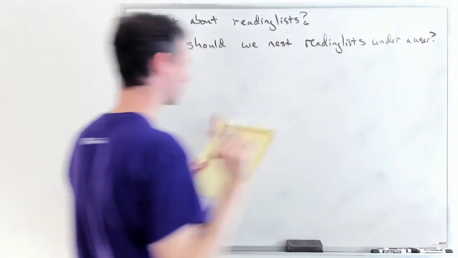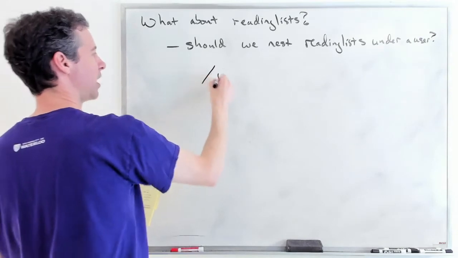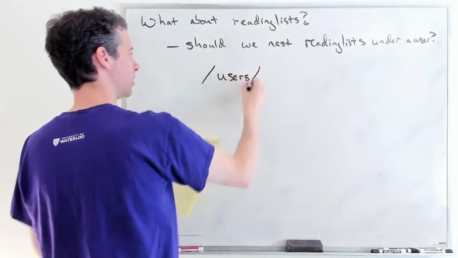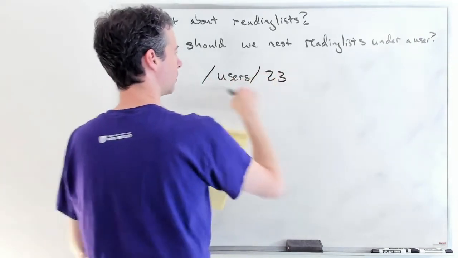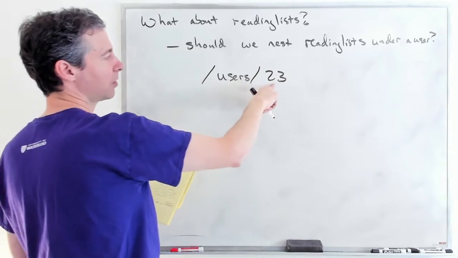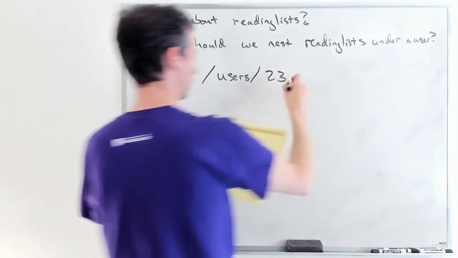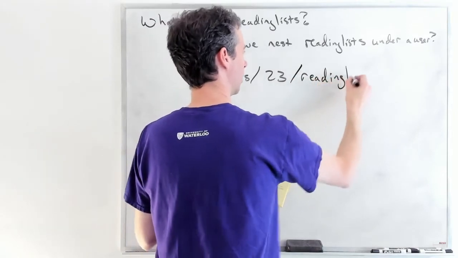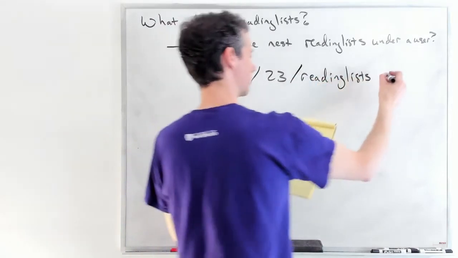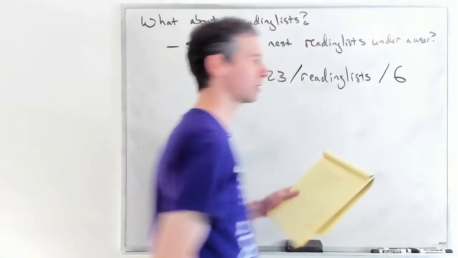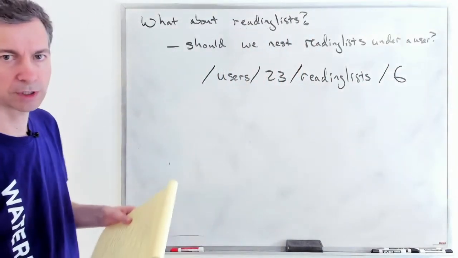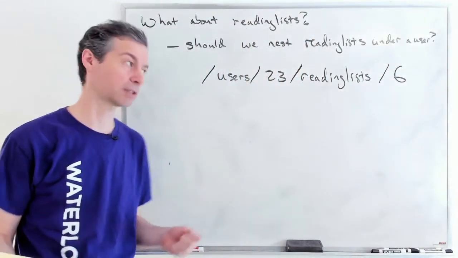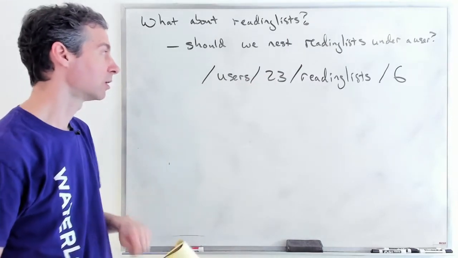So again, the question is, should we be using slashes? Does it make sense for us? So we've got the collection of users. We have user 23. And then let's say user 23 has a collection of reading lists. And that's the 6th reading list or something like that that belongs to user 23.